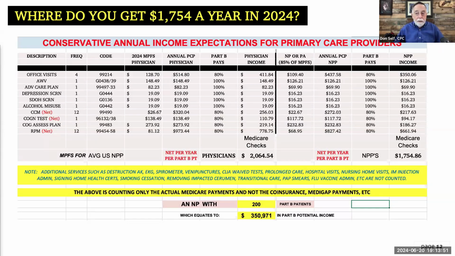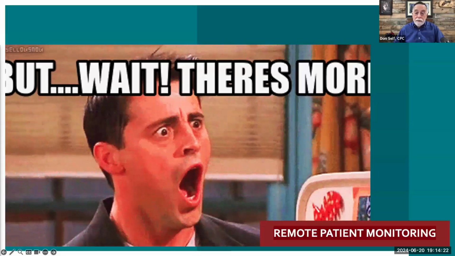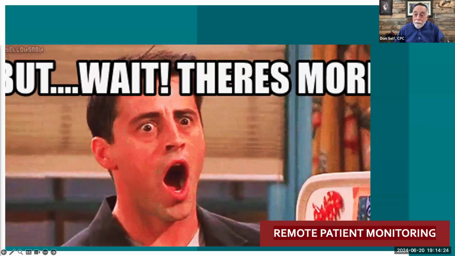It doesn't include things like pap smears or well woman checks or breast exams, signing home health certification, removing impacted cerumen from the ears, etc. But just based on that $1,754 a year for mostly the primary care services that Medicare expects, you're looking at 200 patients, meaning about $350,000 a year income just for Medicare. That's not even including the other 20%. But as Joey says here, wait, there's more.